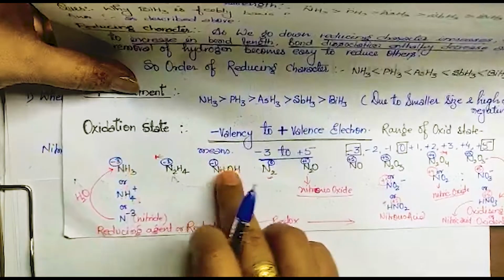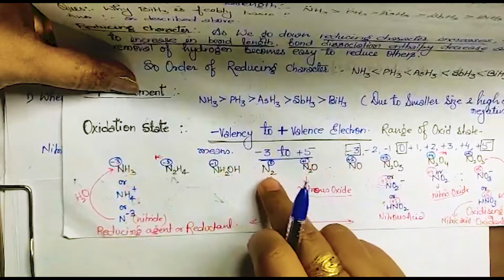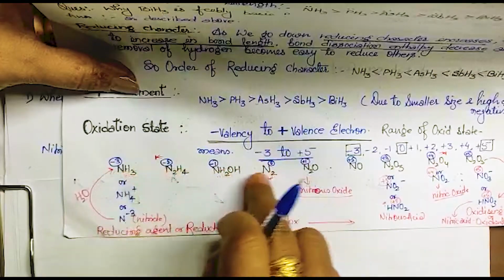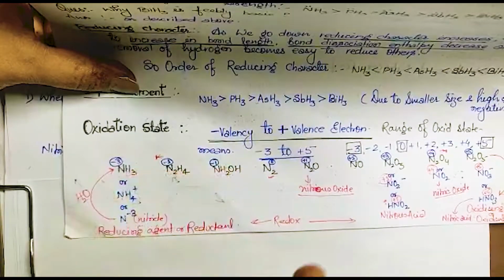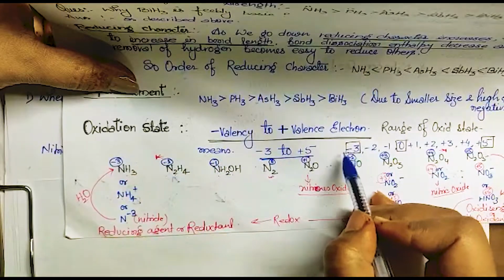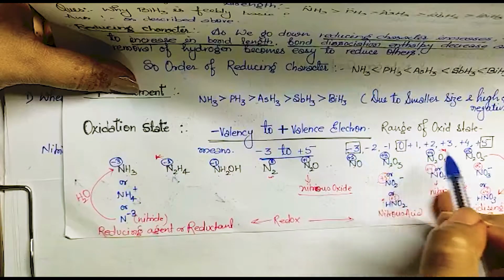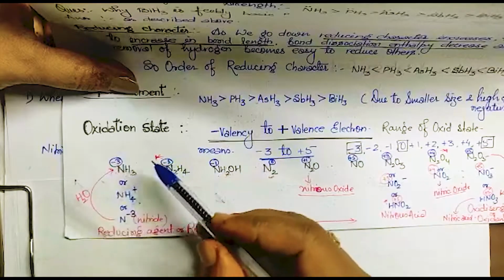It will not give the other products, because those products come when it is going to be oxidized, and these products come when it is going to be reduced. So nitrogen is going to be reduced, isn't it? So 1, 2, 3 products we have, and moreover I have told you that these are the three important states: -3, 0 and +5. So obviously this is going to be the most stable compound, and this will form.